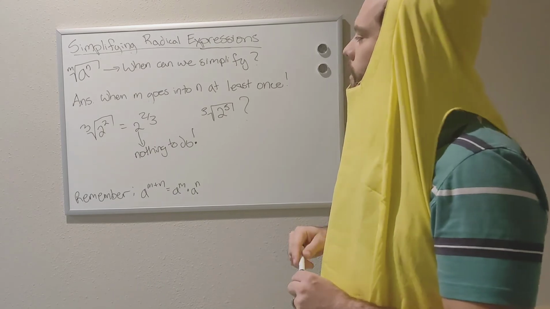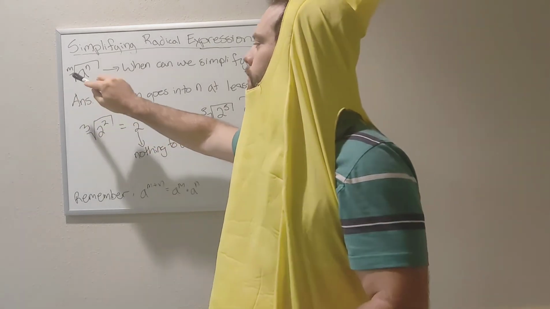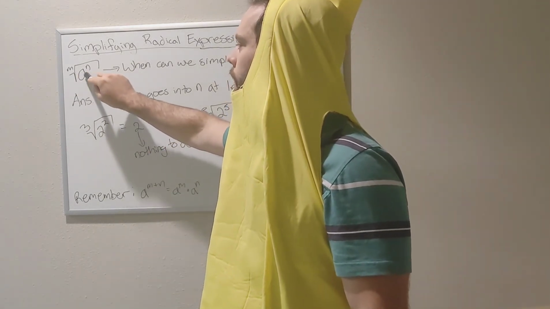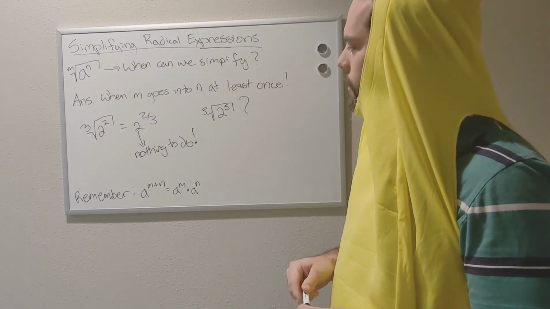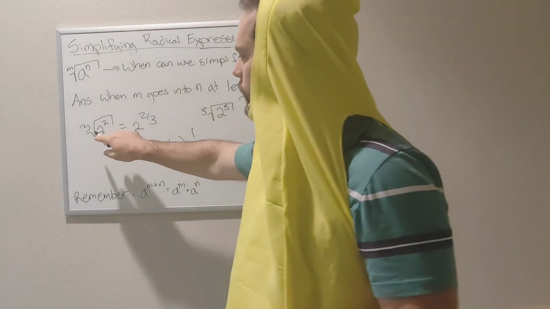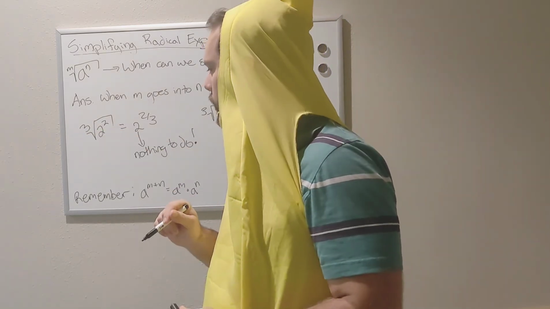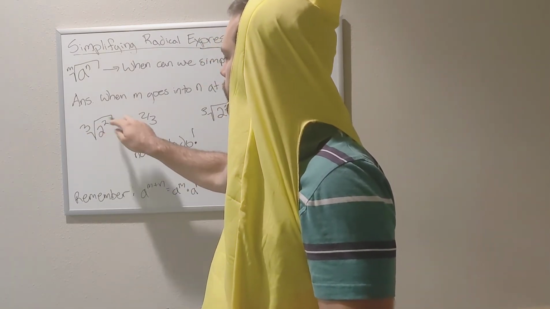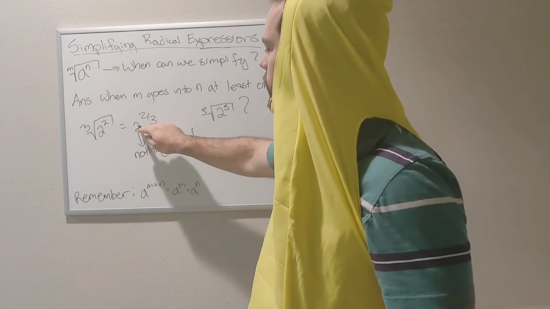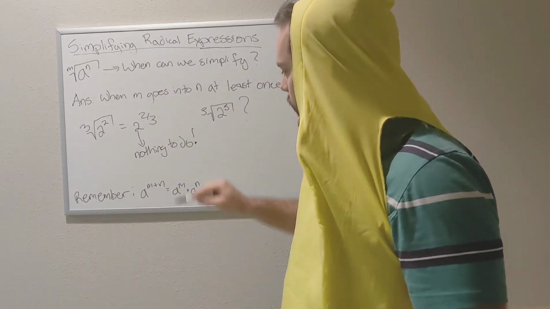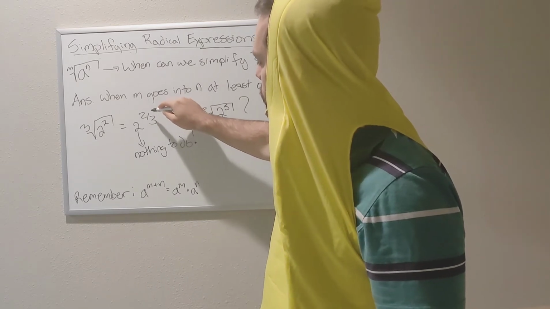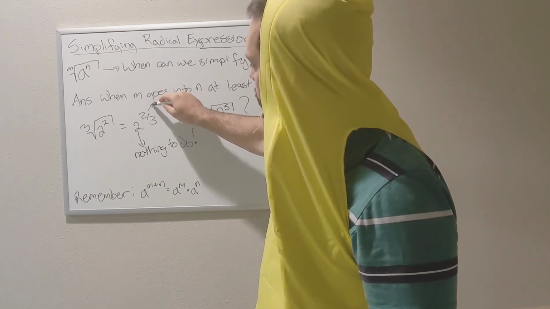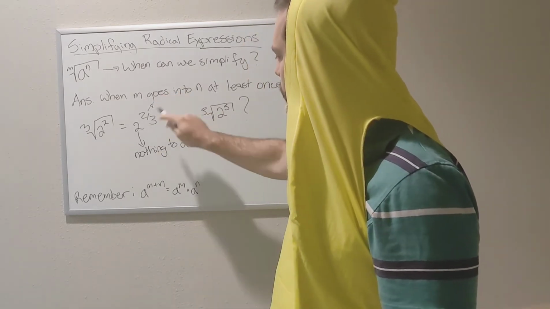Okay, so now to continue, we want to ask the question: when is the mth root of a to the n simplifiable? I kind of glossed over this, but for example, what if we have the cube root of 2 to the 2nd power? Well, that's 2 to the 2 over 3. And unfortunately, when 3 does not go into 2, even at least once, there's nothing we can do here.